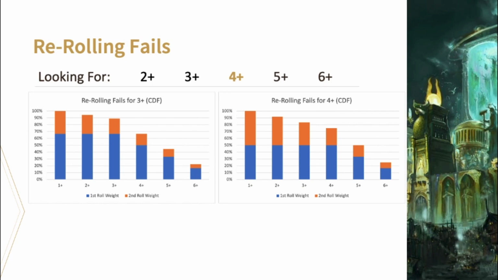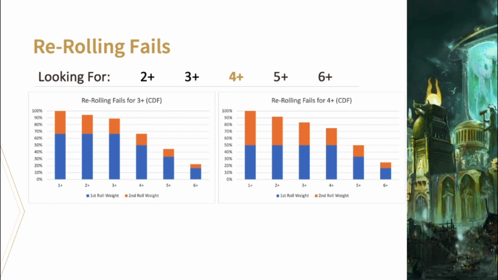But back to the side-by-side comparison of the CDFs for rerolling fails of a 3 plus and of a 4 plus. What you can easily see here is that while a 3 plus version's lower values, so for 1 plus, 2 plus, and 3 plus, outperform the 4 plus rerolling fails version, which is in the chart to the right.